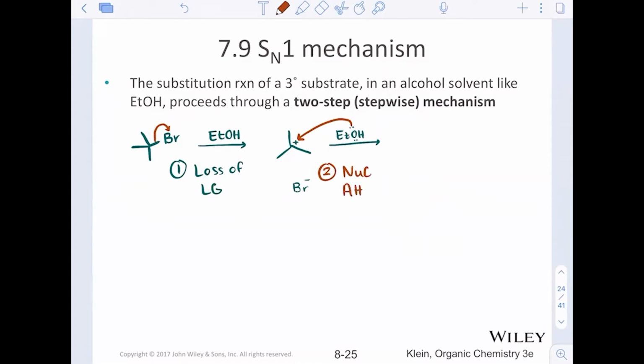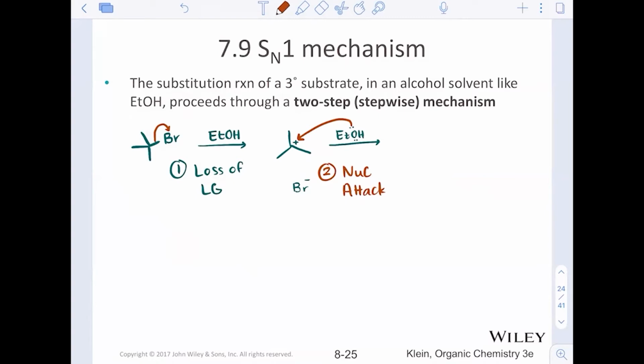Remember, the more reactive nucleophile will attack that carbocation. Br minus is not the more reactive nucleophile. Think about the stability of both of these as bases. Br minus comes from HBr, which has a pKa of -9. If you think about a protonated alcohol, that's about -1.7.